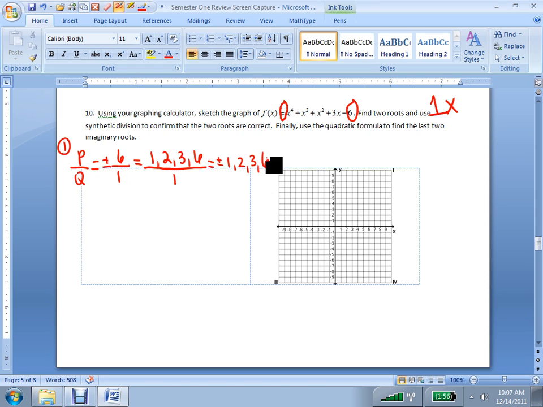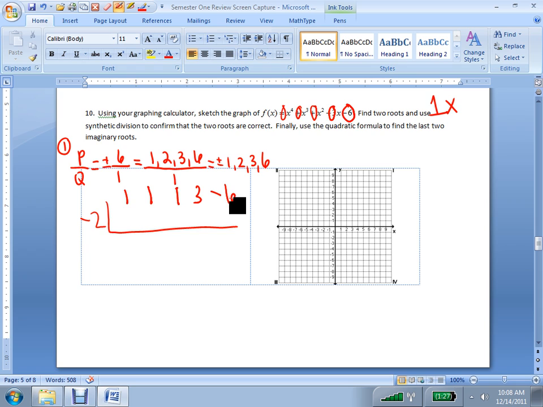Okay, then you have to do synthetic division, and you can pick any of the numbers to start off with. So let's just start with, I don't know, -2. Then you make your little box, and you put the coefficients of all these numbers. So that's a 1, and then a 1, and then a 1, and then there's a 3, sorry, and then there's a -6.